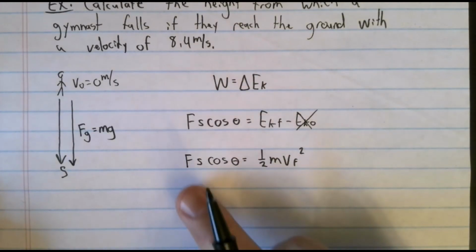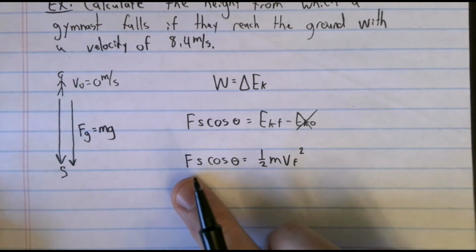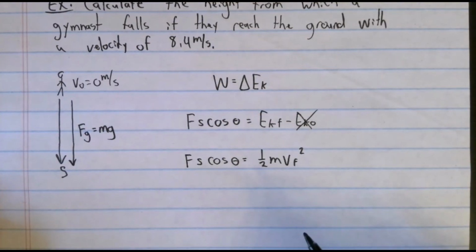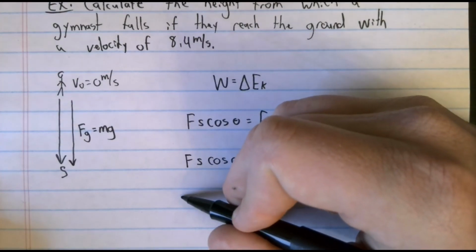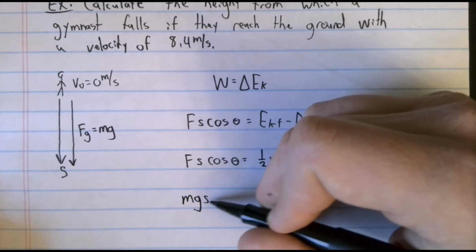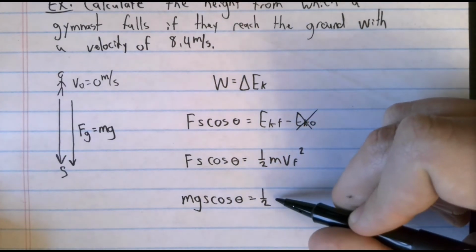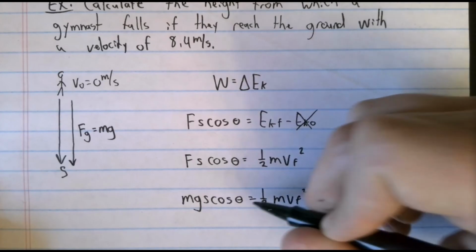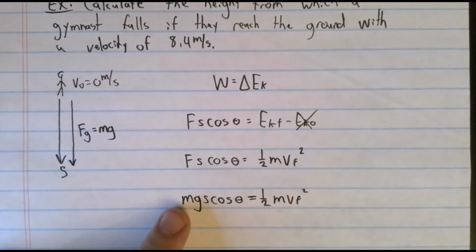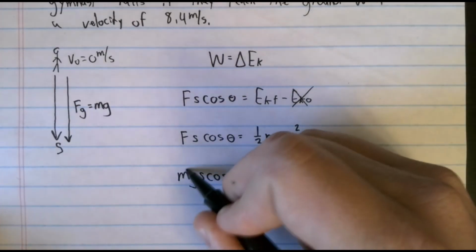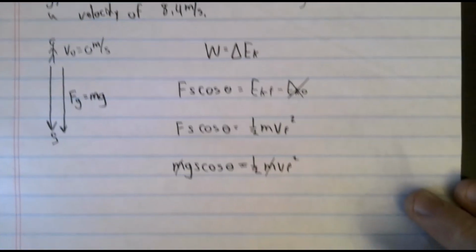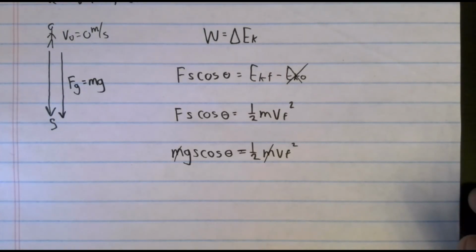I don't have F, so let's see what happens when I replace it with mg. And that is actually the step that solves everything for us. Have a look at this. The m's cancel out. And now we have numbers for everything.